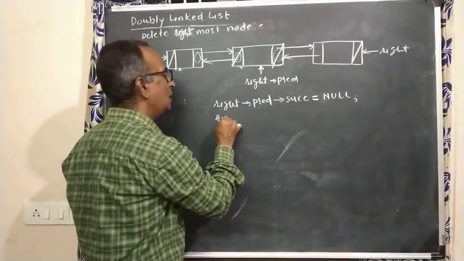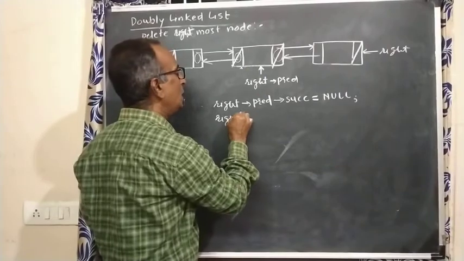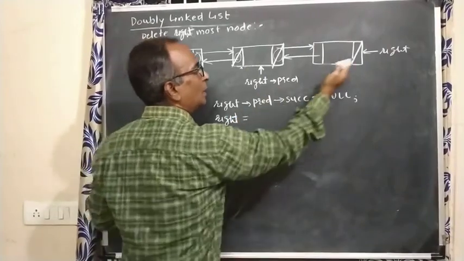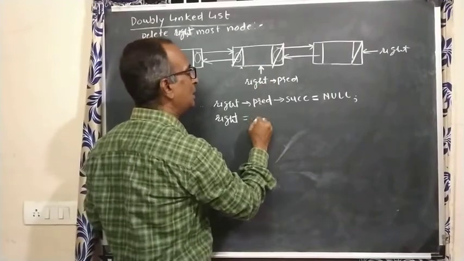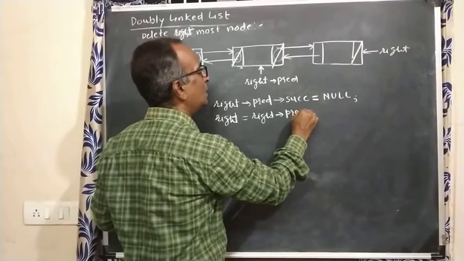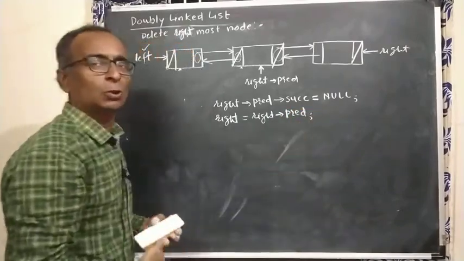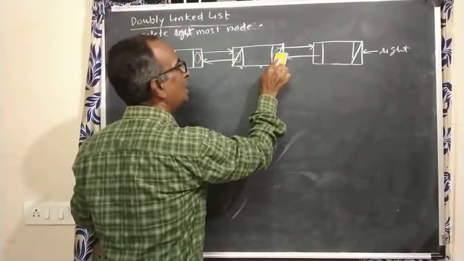Right is changed after deletion of this node. This node will be the rightmost node, so right should be moved to here. What is this node's address? Right predecessor. That's it. So deletion of leftmost, deletion of rightmost, pointer adjustments we have seen.